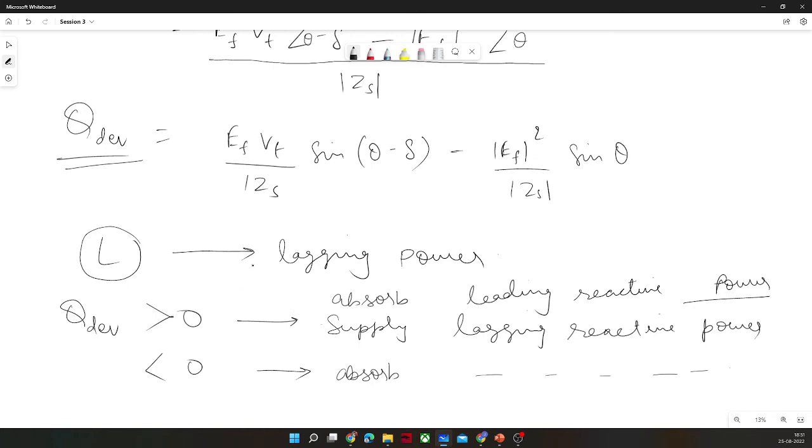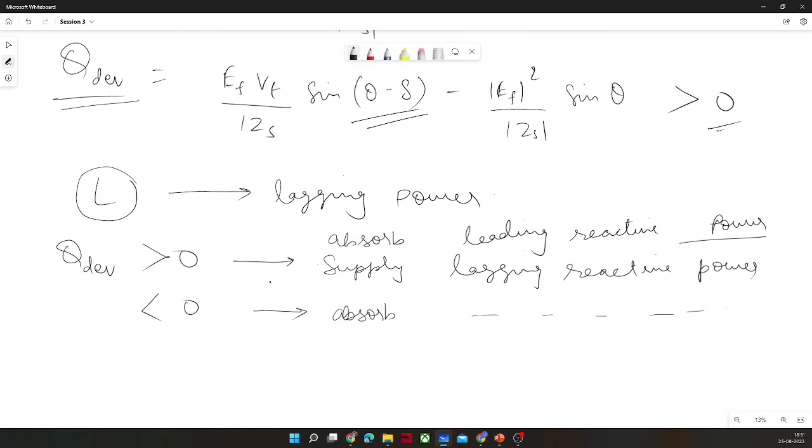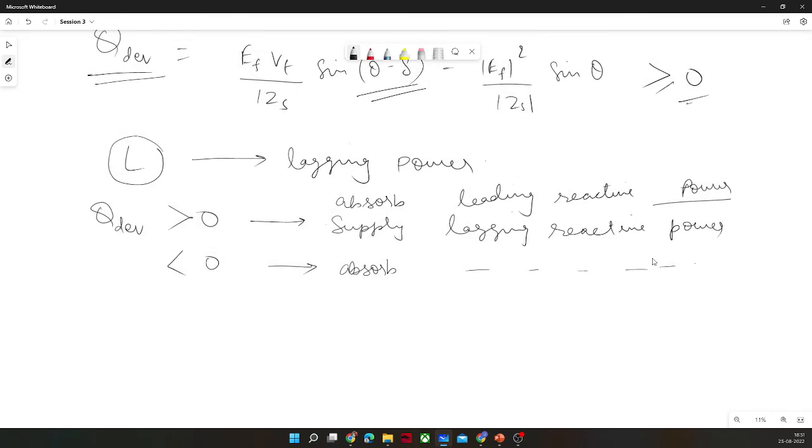So now, when would this machine be overexcited and able to provide power? Whenever this term is greater than zero, and you have to do some mathematical analysis here. Let's say the condition comes out as Vt sine theta minus delta greater than or equal to 0, so Zs would be cancelled out.